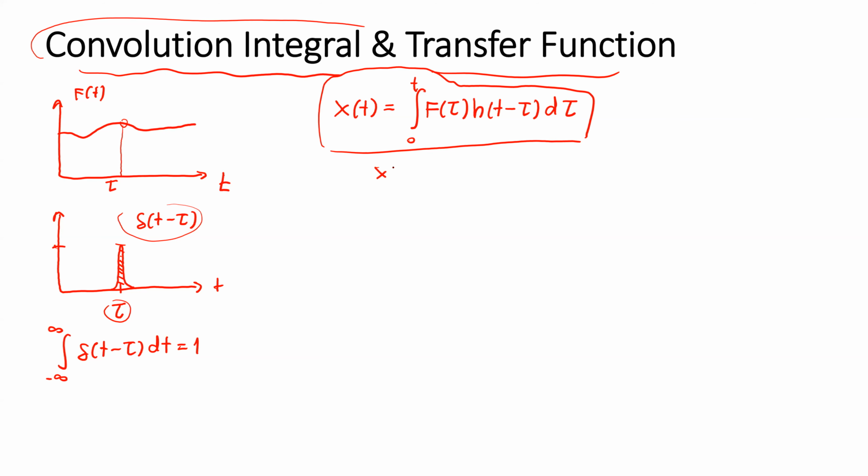This equation, by the math operator, x(t) is equal to force convolution with impulse response. x(t) is equal to the integral of f(tau) multiplied by the impulse response at that time shift.